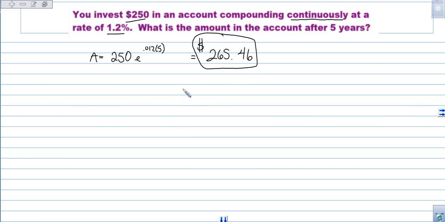And then let's just compare that to compounding quarterly for this one. So you would get A equals 250, you won't see significant gains, but you'll see some gains. And then you've got 1 plus 0.012 over 4, and then you've got 4 times 5.